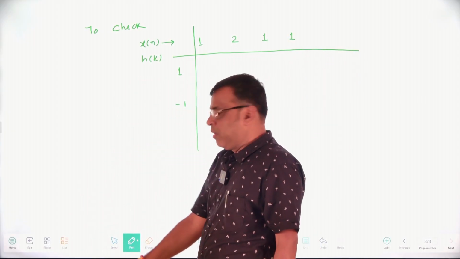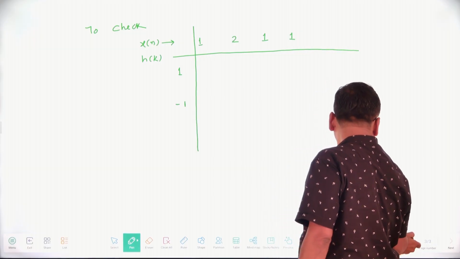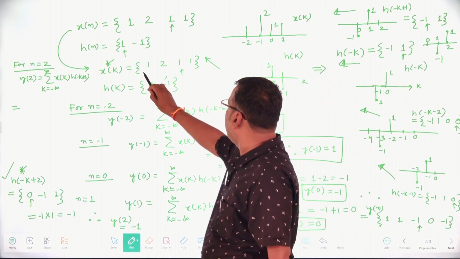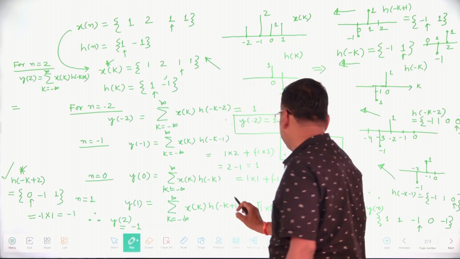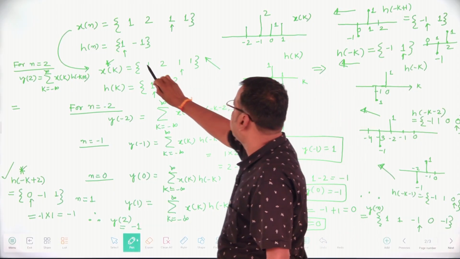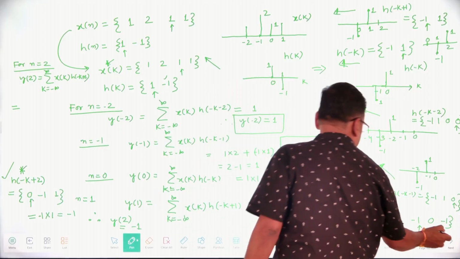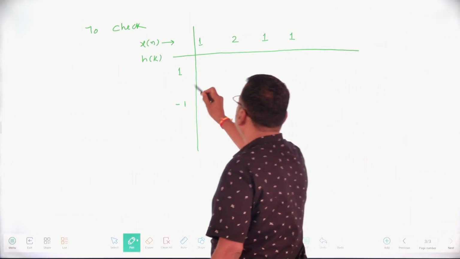Okay. Here, that is your 1, 2, 1, 1. Here, that is 1, minus 1. H of n, that is your 1, minus 1. Simply, you write it 1, minus 1.